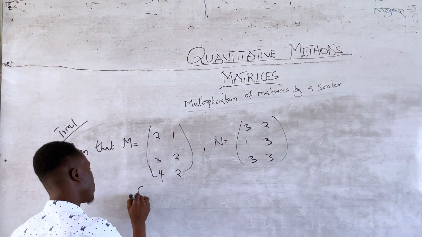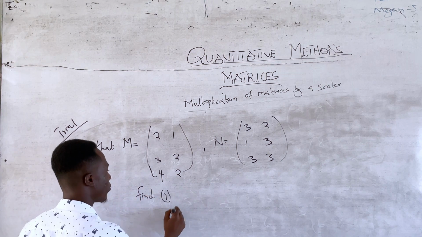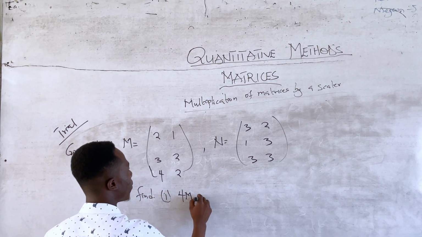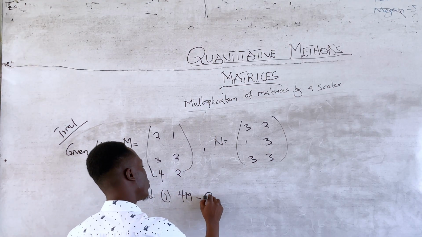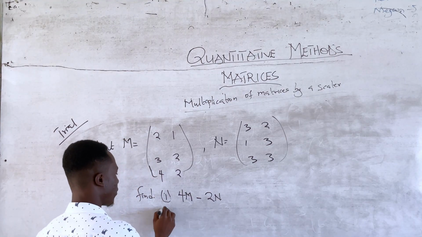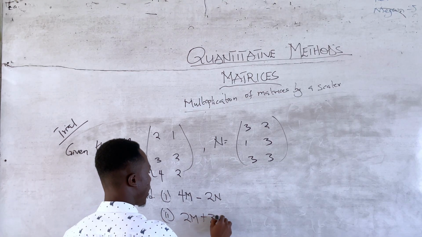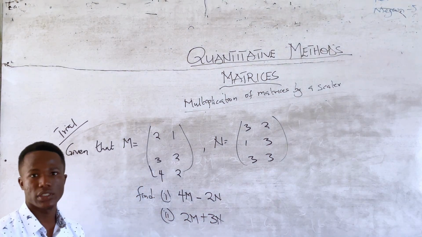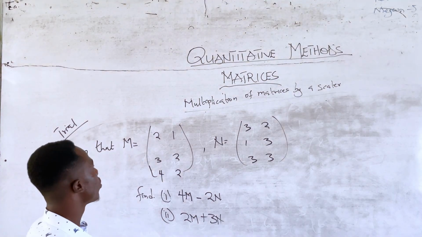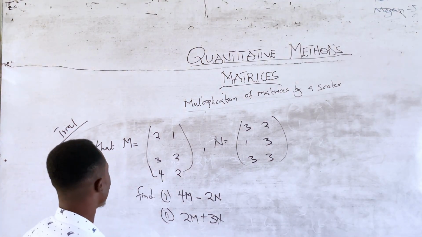Find, one, 4M minus 2N, and two, find 2M plus 3N. So this is your question. Try this one. Now let's move on to the multiplication of matrices.